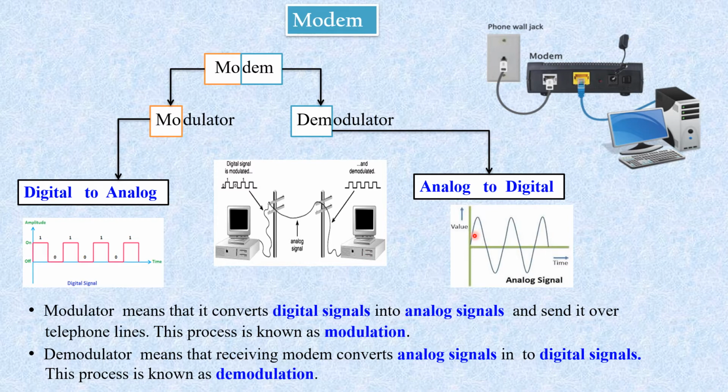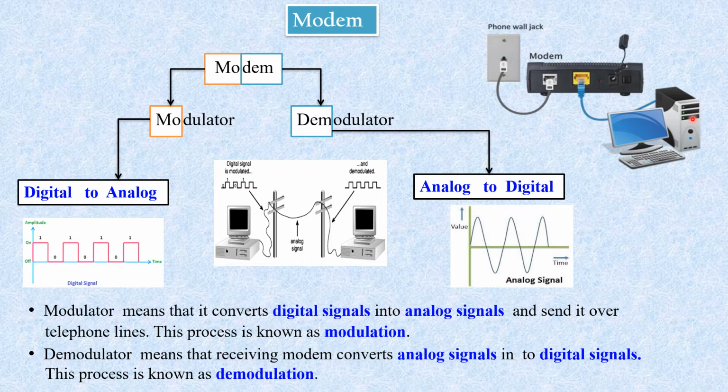Okay, so here modem is there. The digital signal from the computer is sent, first converted into analog signal, and then it is sent over the telephone wire. This process is modulation. Now the receiving modem converts the signal coming from the telephone lines into digital signal and then it is forwarded to the computer.